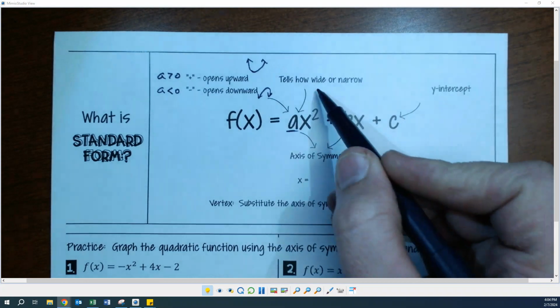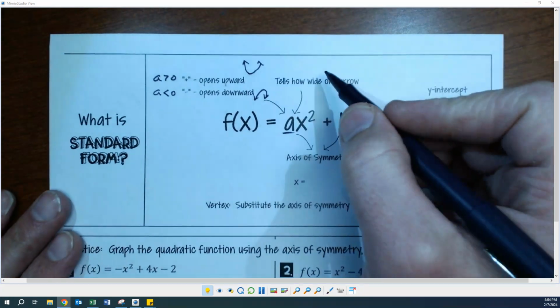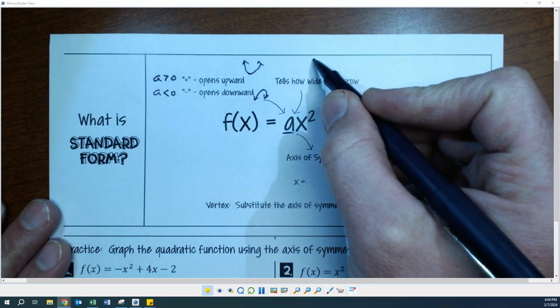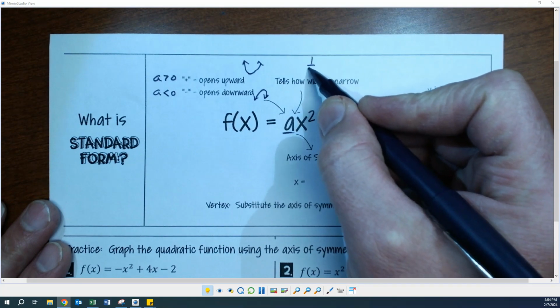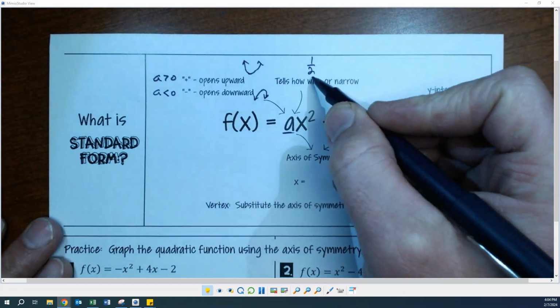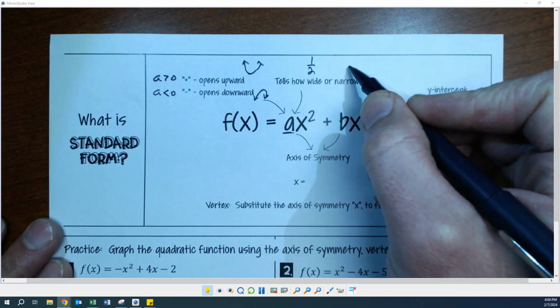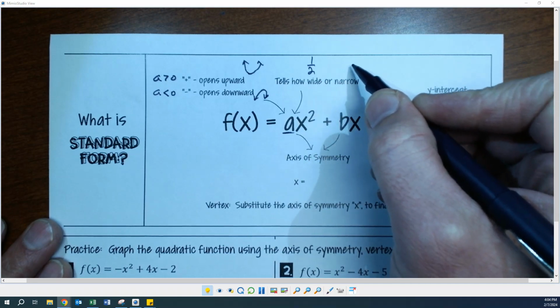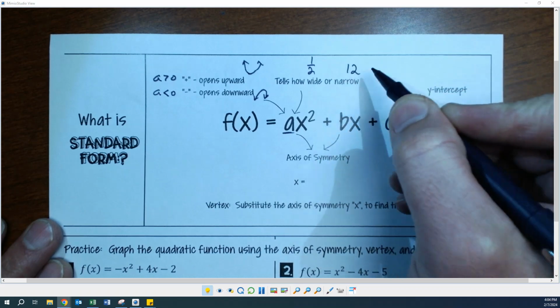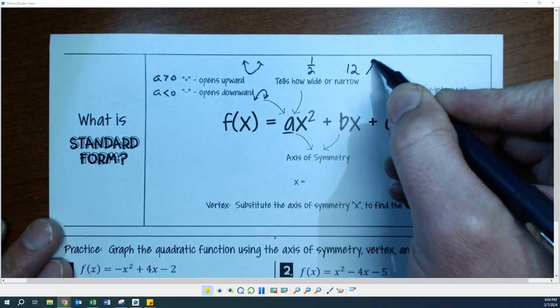It will also tell you how wide or how narrow it is. If the value is close to 0, so something like 1/2, it's going to be wider. If it is a larger value, a value away from 0, such as 12, it's going to be more narrow.